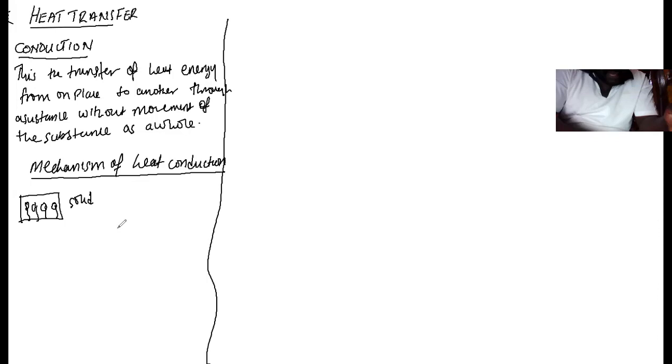So the difference between metals and non-metals in their conduction: metals have what we call free mobile electrons, while non-metals have no free mobile electrons. So heat transfer here is slower, while heat transfer here is faster.